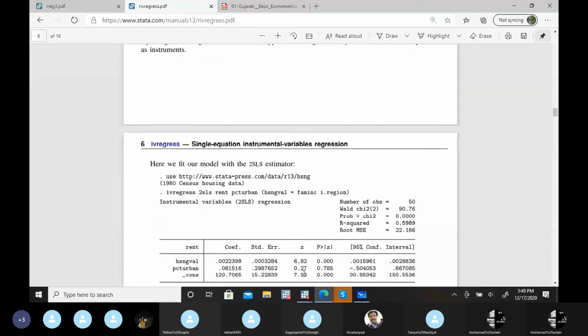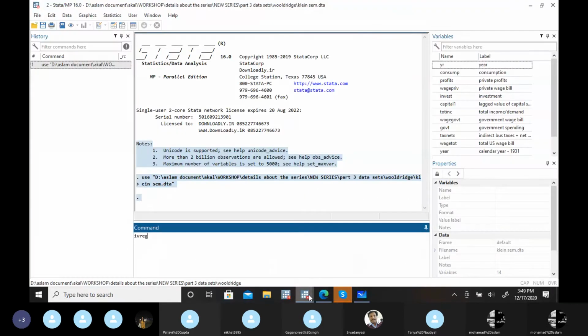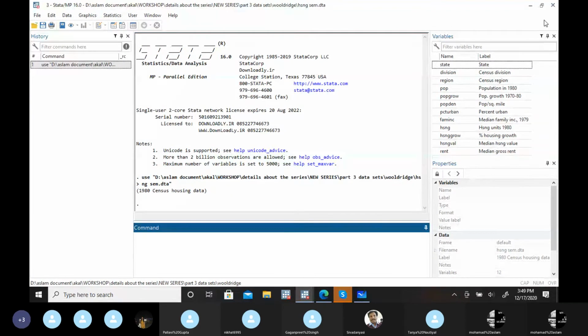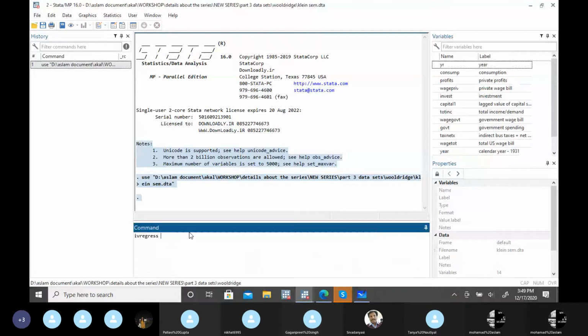No, it's not given. We have to solve it. First, which method you want to apply? Let's suppose we want to apply 2SLS.